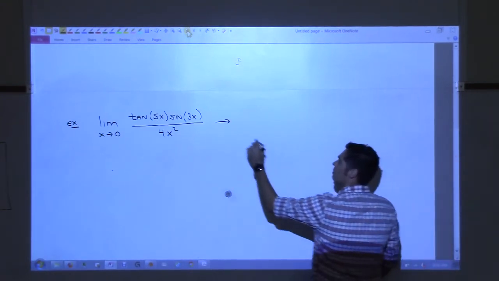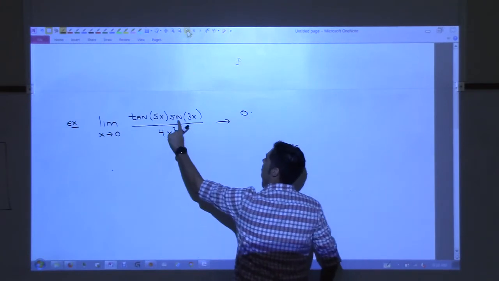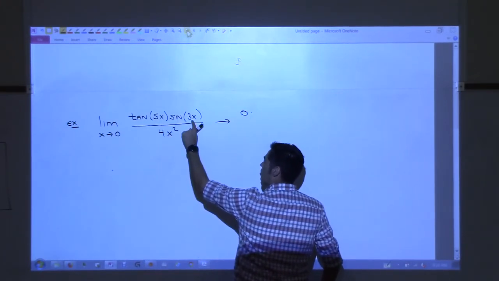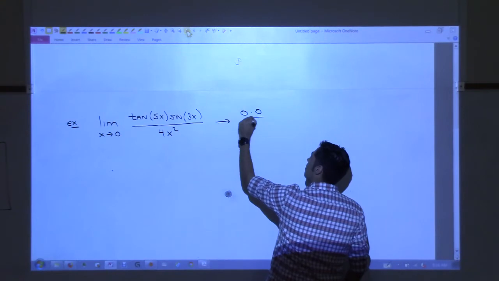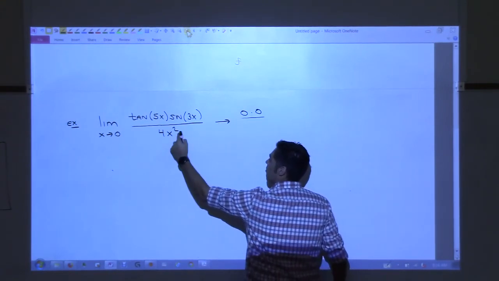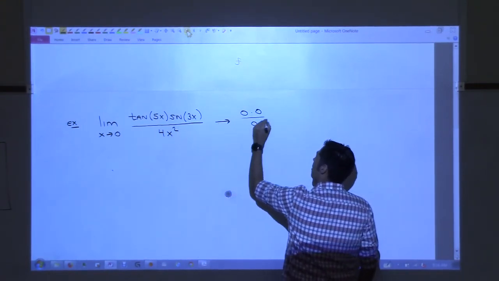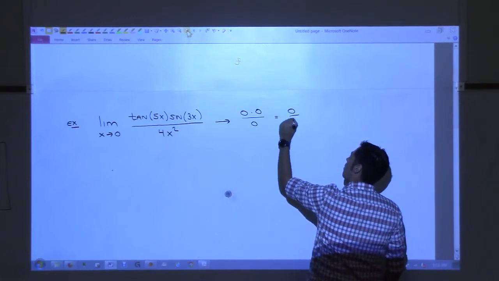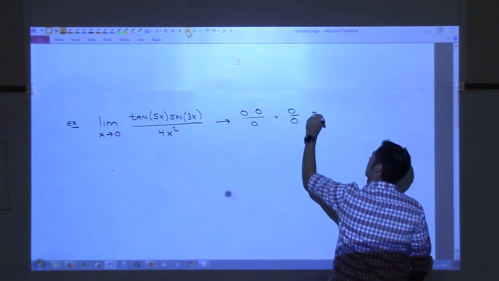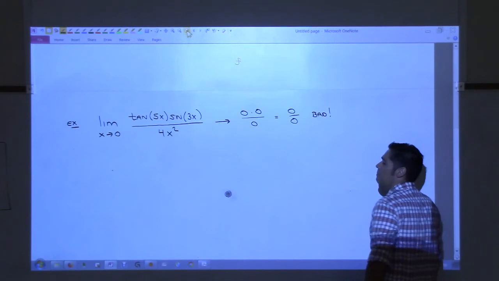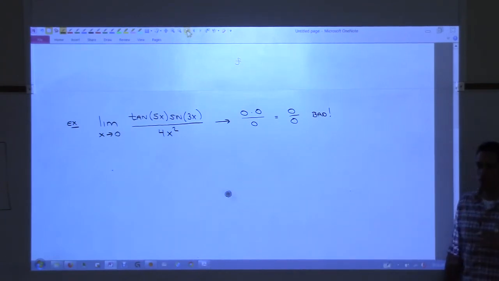So we get 0, times sine of 0 is also 0, so we're getting 0 times 0 on top, and on the bottom 0 squared is 0. So we have the form 0 over 0, right? And this is that bad situation that we had. Anytime we see that bad situation, we're going to do some algebra or some sort of trick, some sort of manipulation that's going to make it work.